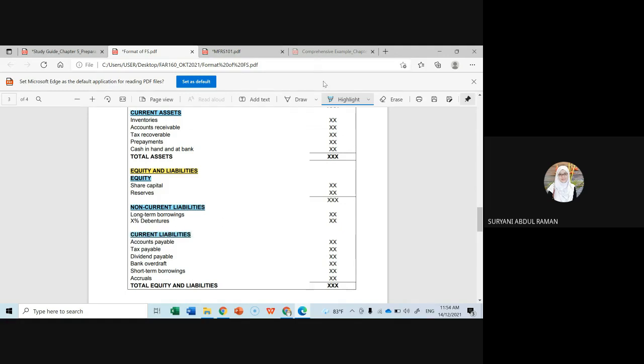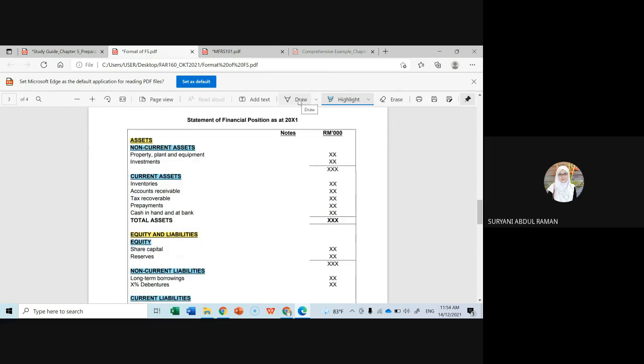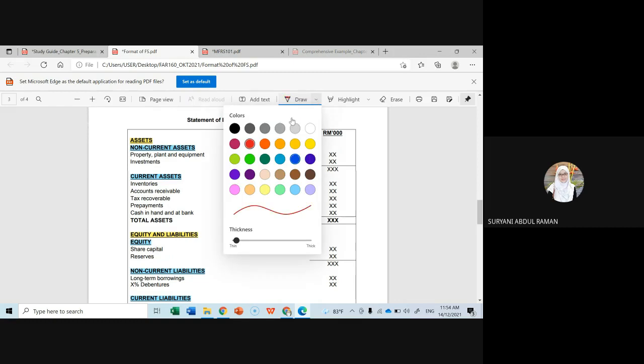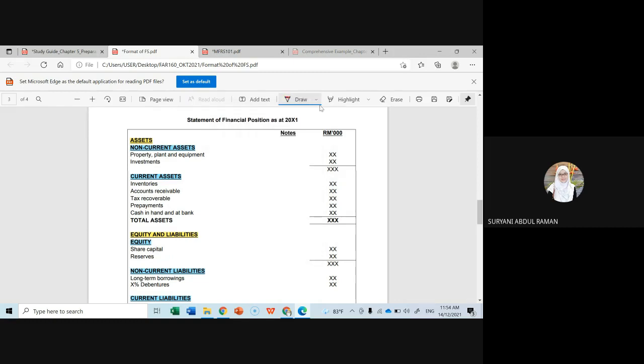Now, talking about the assets first, please take note, one of the important things here is that according to the standard, you have to show your non-current assets by grouping all those tangible assets into property, plant, equipment. So this actually consists of all of the tangible assets.